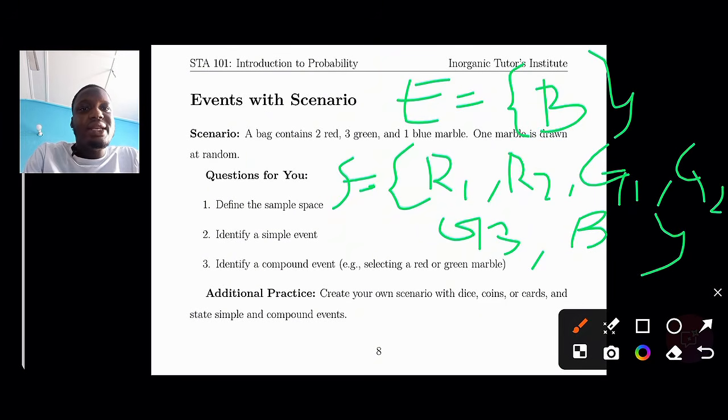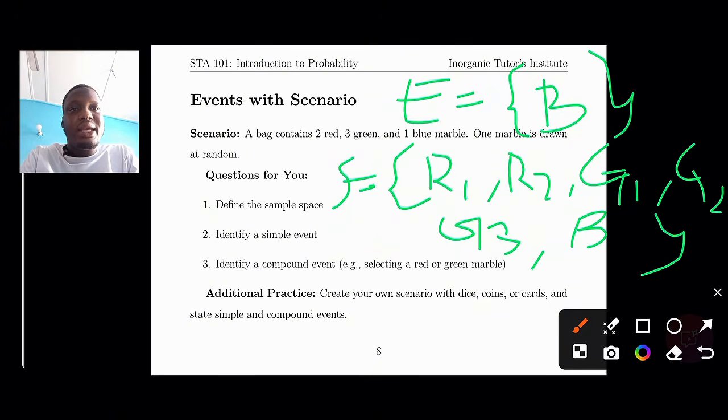So identify, the third one says identify a compound event. That's what you've been given the hint there. So when you select a red marble or a green marble, it results in a compound event because they have more than one outcome.